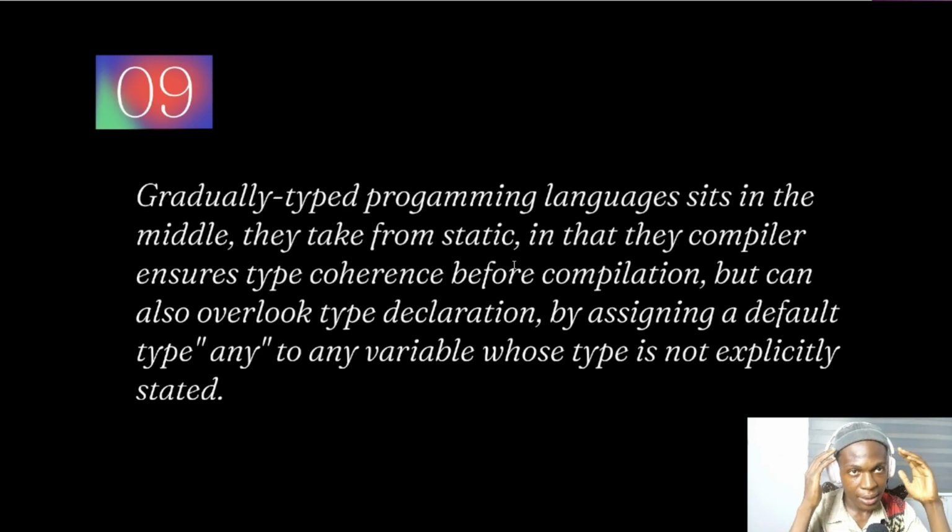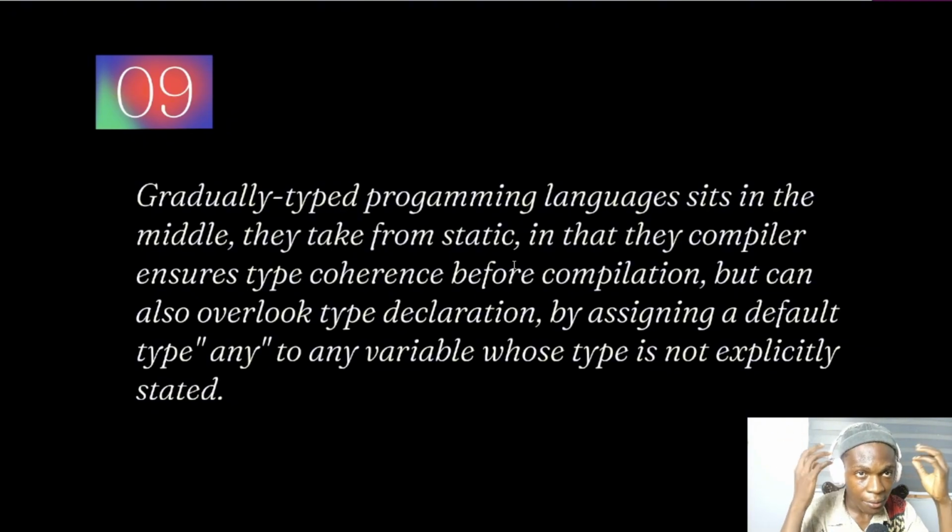But they are like a dynamic programming language in that they allow you to type your variables. In fact, what happens is that, for instance, if you're writing in Luau and you're declaring a variable, the moment you declare that variable, Luau already assumes a type for it, even if you did not name or give it a type.